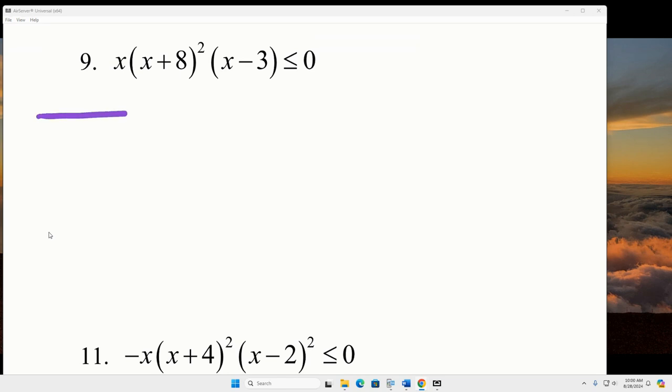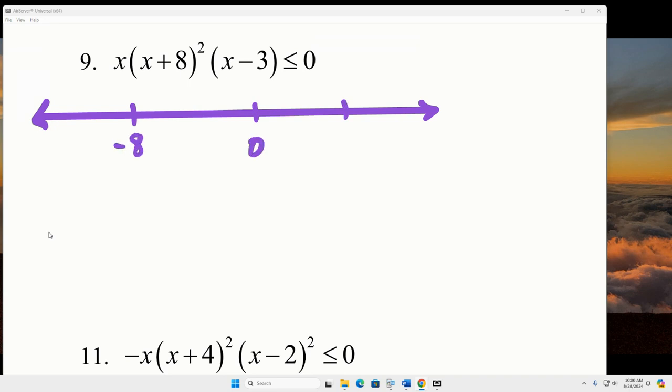All right, so again, I'm just going to start off with a number line. I'm going to put my zeros on there. Should be 3. All right, and then because the or equal to, we are going to do closed circles.